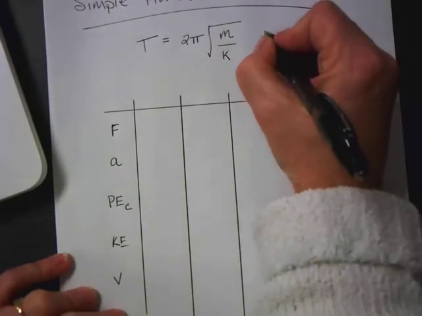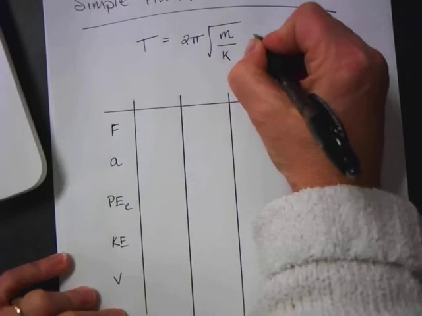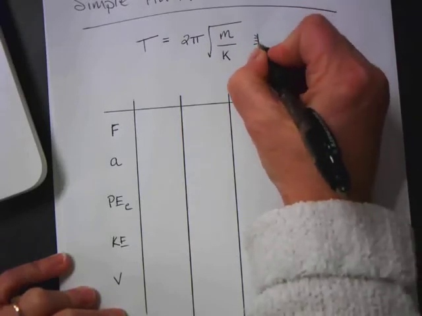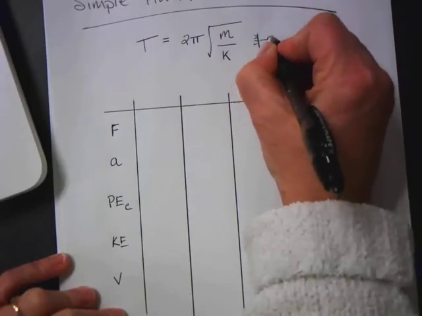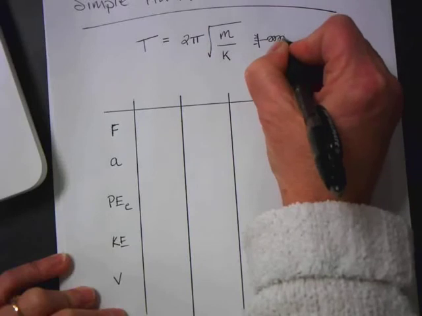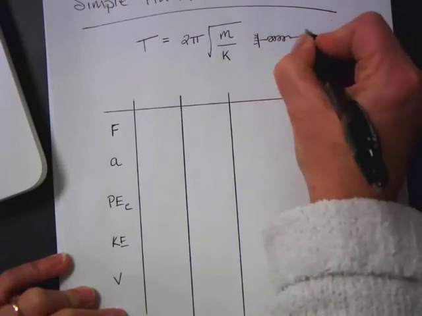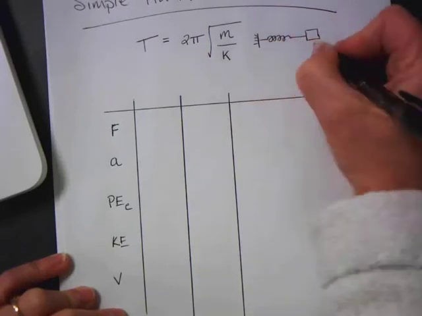So I'm going to draw my mass on a spring right up here, and now we're going to be in a 0G environment. So out in space, there's our little spring, and there's the mass.